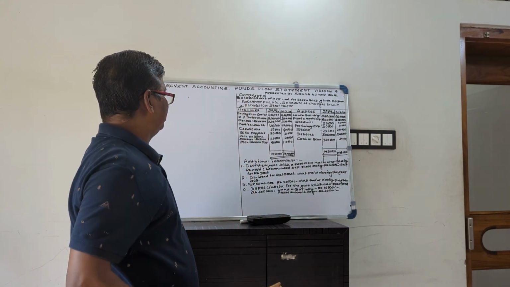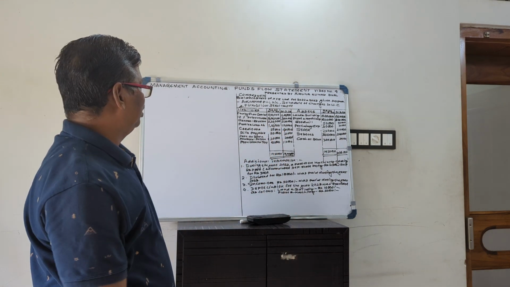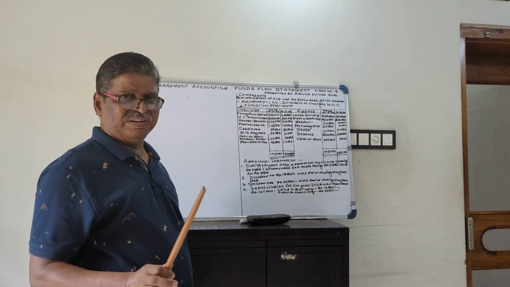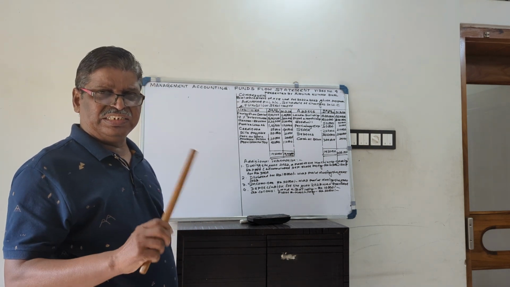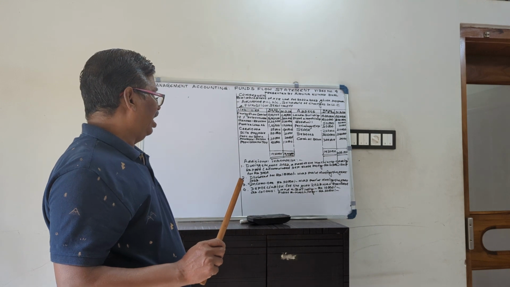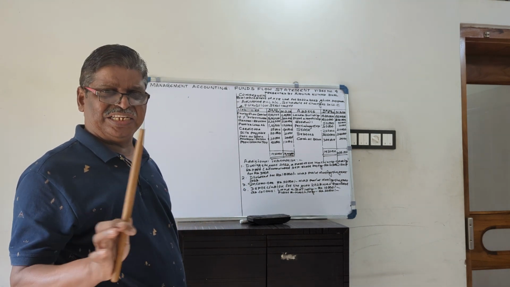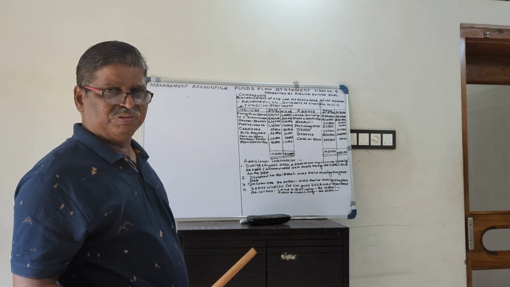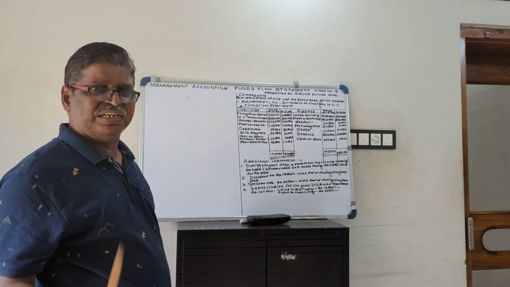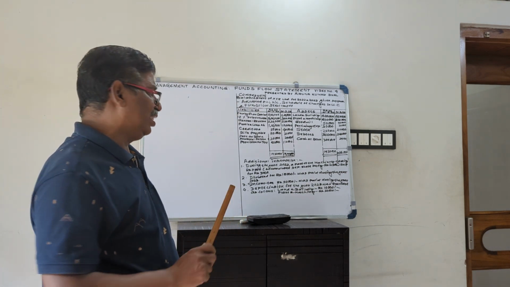Then creditors: 50,000 and closing 40,000, that is a 10,000 decrease in creditors. I already told you, an increase in current assets should be shown as an increase in working capital, because working capital is nothing but current assets minus current liabilities. That means the excess of current assets over current liabilities is known as working capital.